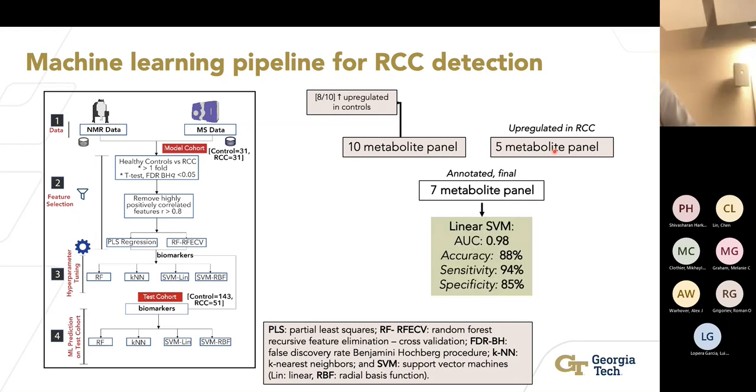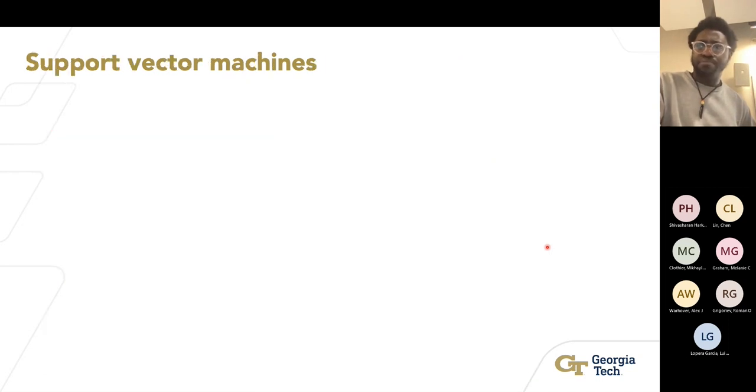Okay, so the linear support vector machine turned out to give us the best accuracy from all of the machine learning models that we used, with an accuracy of 88%. And like I said, I'll be highlighting some of these methods that were important in some of these studies.